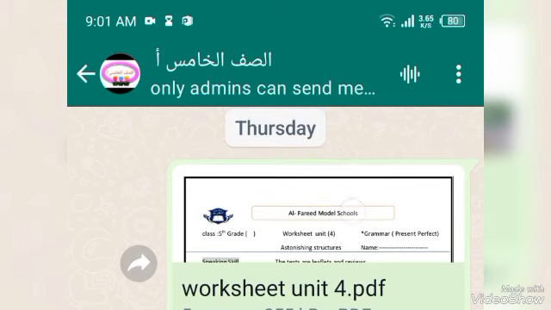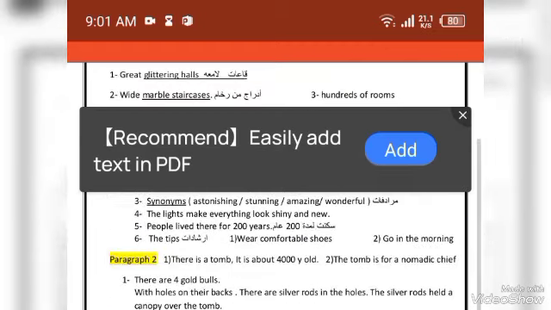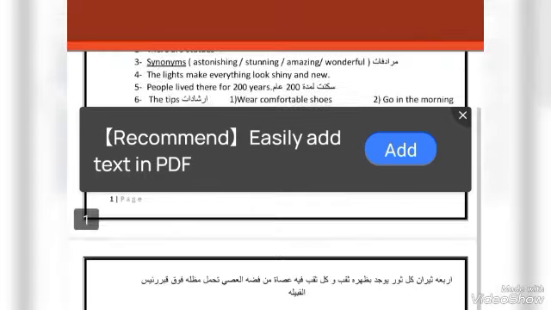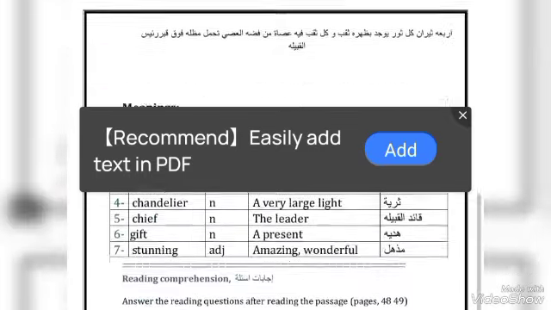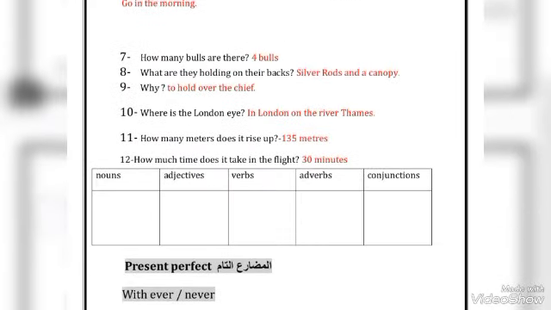Worksheet for Unit 4. Here is the speaking article. You can read it very well to be able to answer the text in your exam. Here are words and meanings, which are very important. Here are some questions which are important for you.